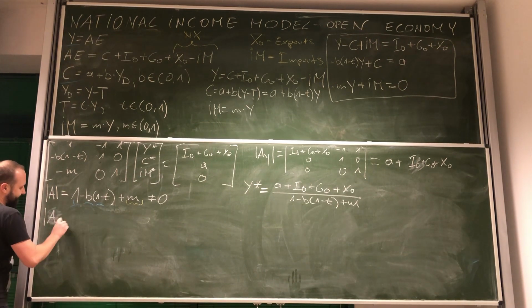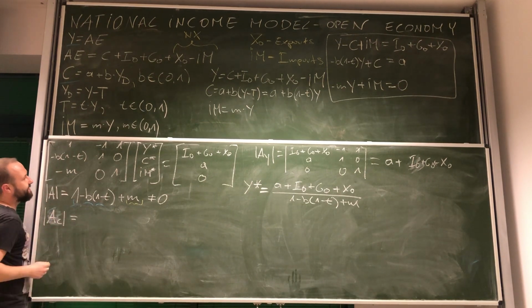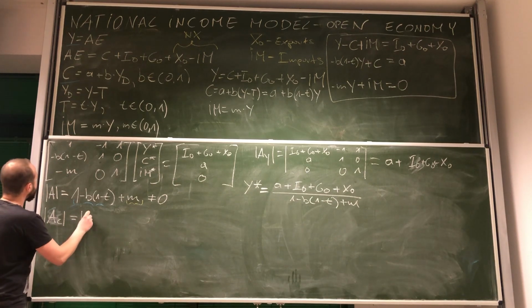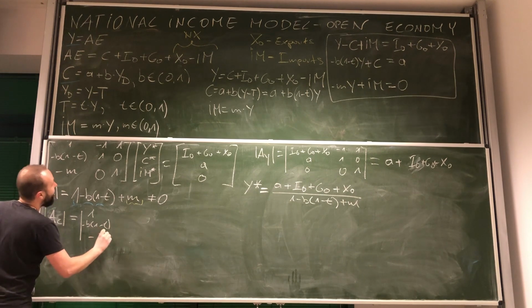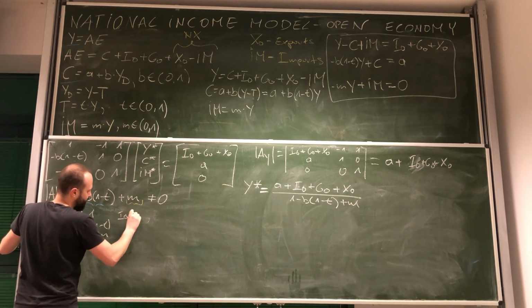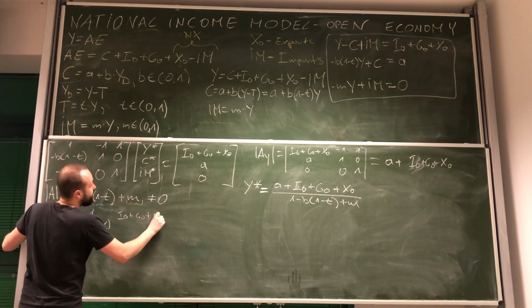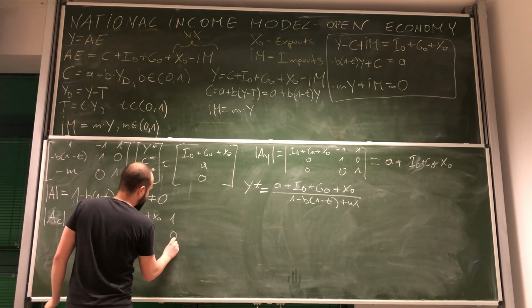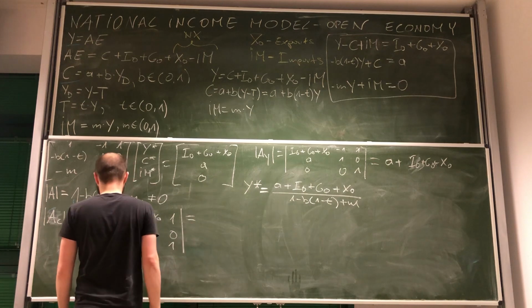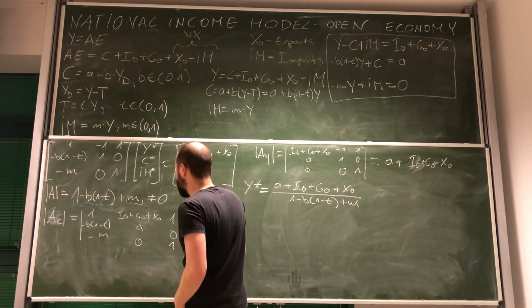So calculate AC. Now we replace the second column. 1 minus B, 1 minus T, minus M, I0 plus G0 plus X0, A0, 1, 0. Okay, so what do we get out of this?